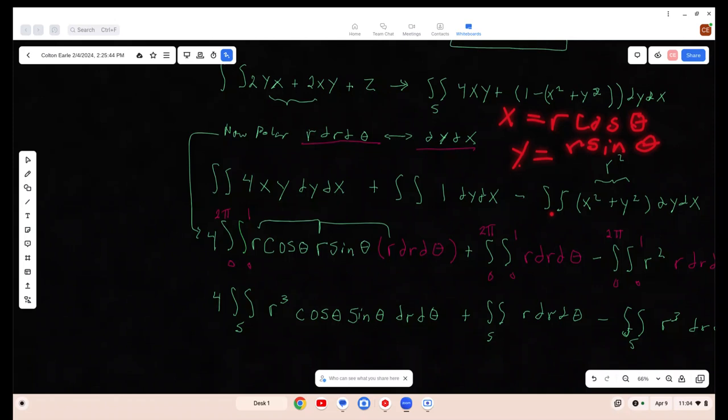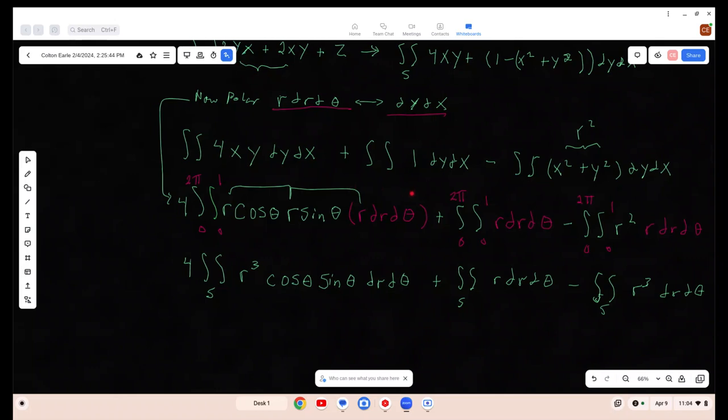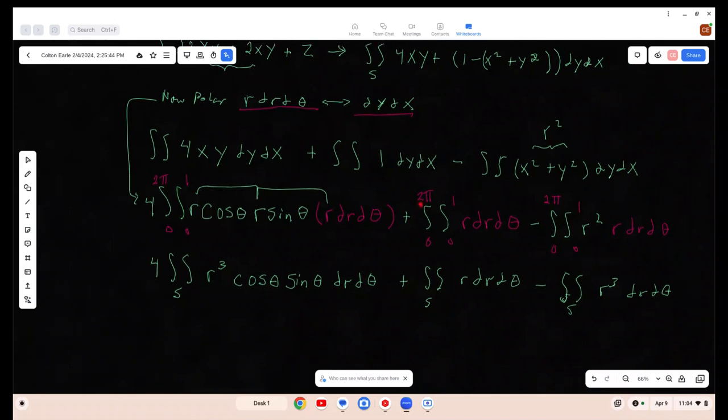All right, so now at this stage of the game, all you have to do is substitute everything in. Now, do not forget to put in that dy dx transformation, right? It belongs to every integral, as we should know by now. That means I went ahead and put it in its form for you, kind of attached in here. So now your x is r cosine theta, y is r sine theta, r dr d theta.